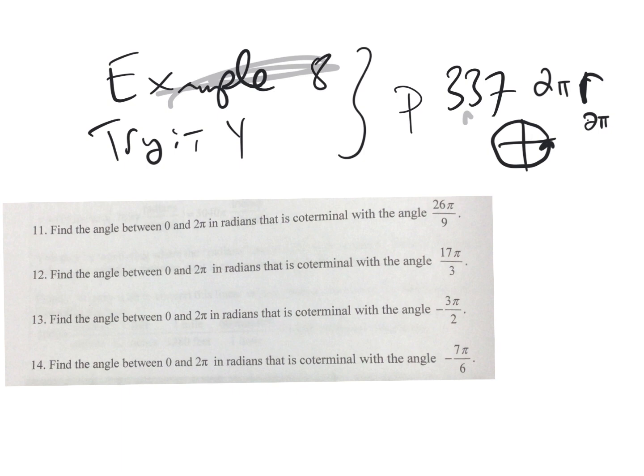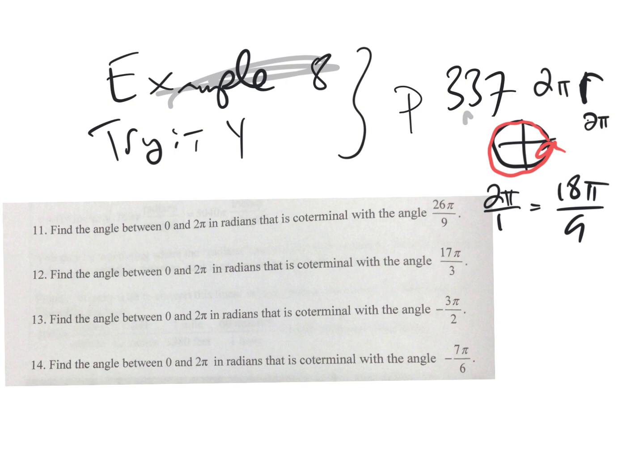So when I'm asked this kind of question, I'm working with something over 9, so I'm going to think to myself, well, let's see. 2 pi over 1 is the same thing as 18 pi over 9. I know it's one revolution, so I'm going to subtract 18 from 26, and I think I get 6.